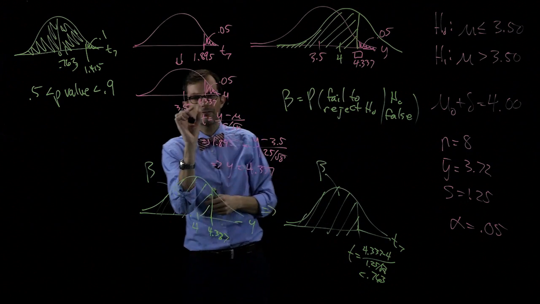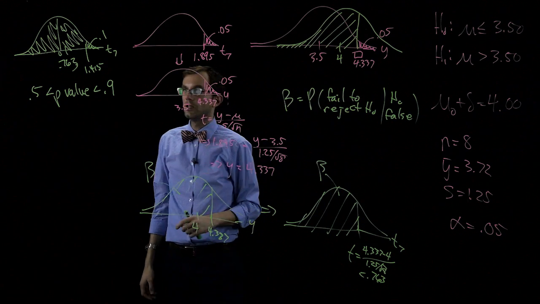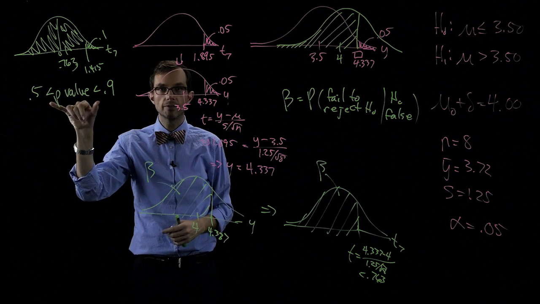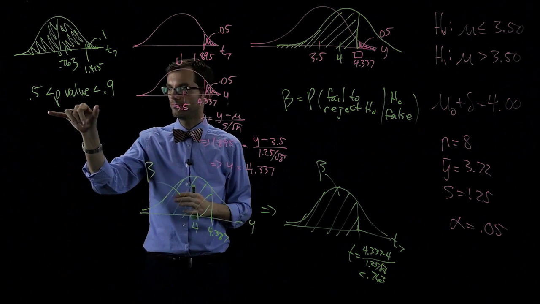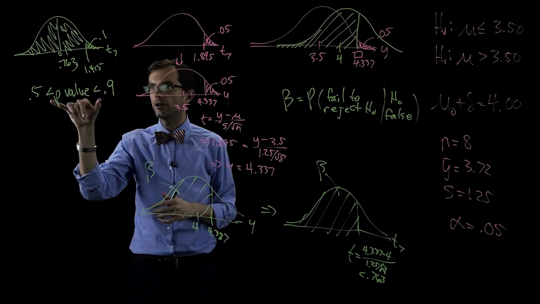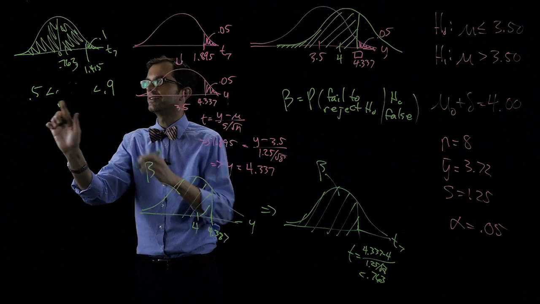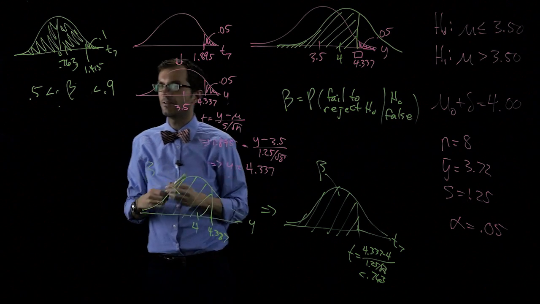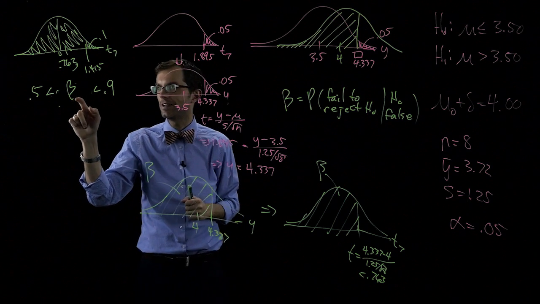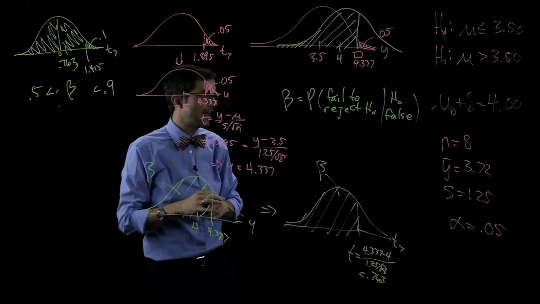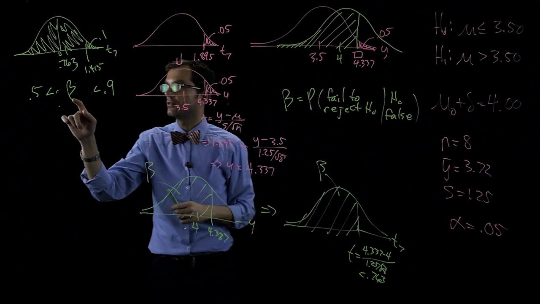That's really not a very big shift to detect when the standard deviation is that big. So, I'm sorry, this is not a p-value. This is beta, the probability of type 2 error. I've been saying the right thing, I've just been using p-value instead of beta. We're probably not going to be able to detect a change from 3.5 to 4 because our beta is so big.